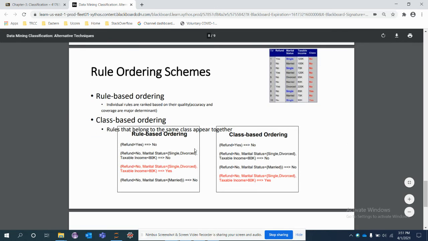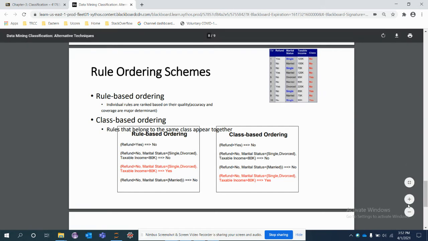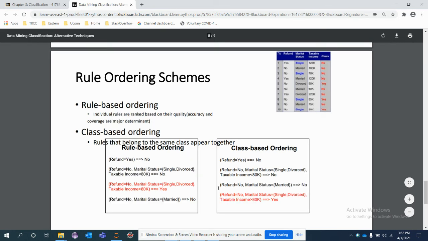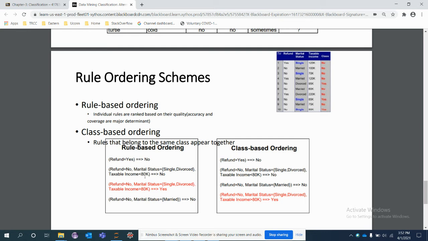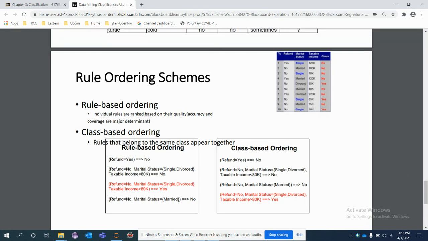Then let's look at rule ordering schemes. You can refer to the data set given here. Let's review what we have. In the rule based ordering, individual rules are ranked or ordered based on their quality, and quality means your accuracy and coverage.